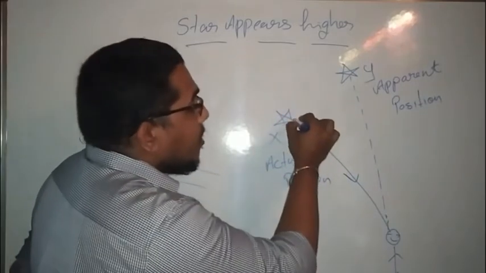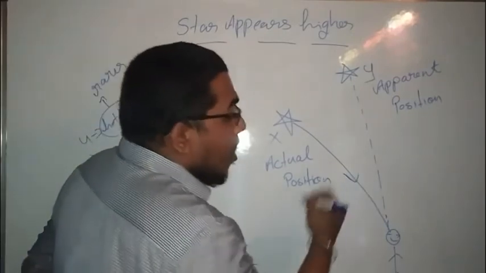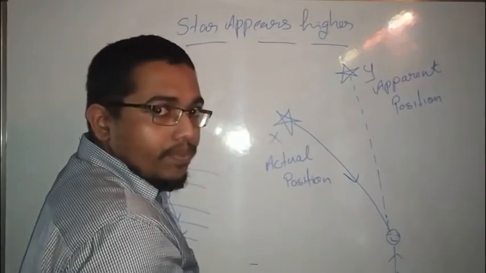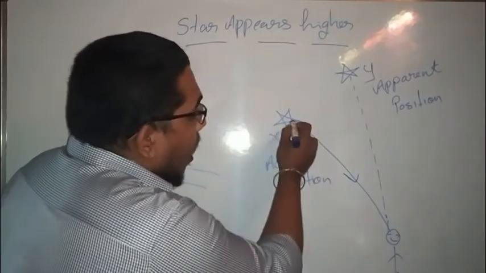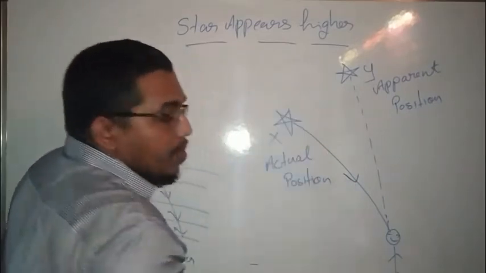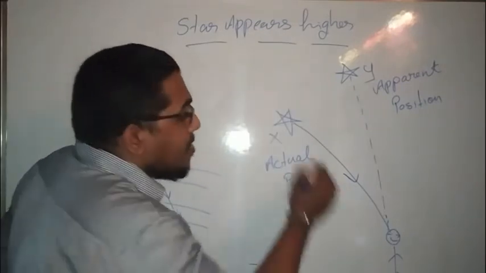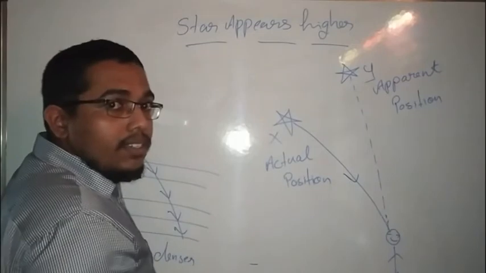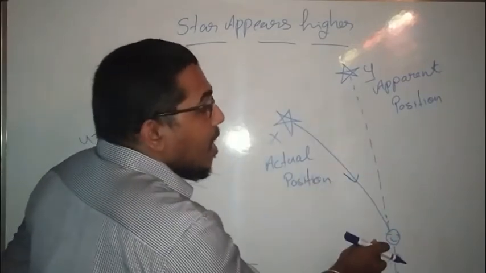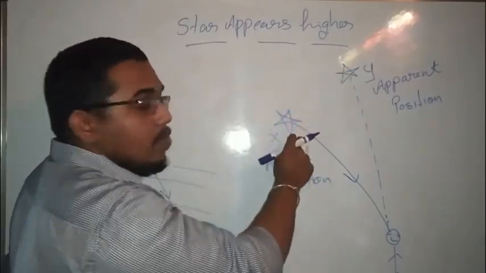The starlight is passing through different atmospheric layers having different optical density. As a result, the starlight is bending. When this starlight enters the atmospheric layers, atmospheric refraction takes place. As a result, the person standing on Earth happens to see the star higher than the actual position.